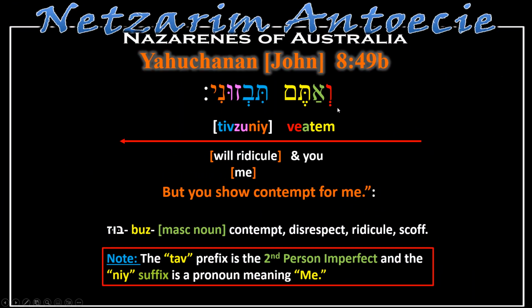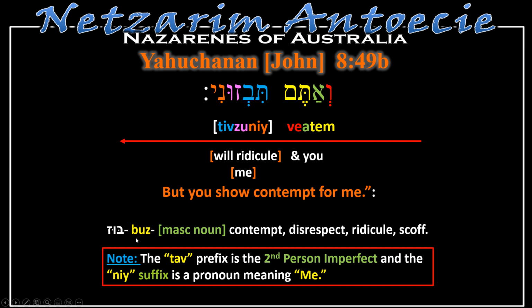In 49b, it is a Vav and an Aleph, Tav, Mem Sofit, Tav, Vayet, Zayin, Vav, Nun, Yod. Ve'atem, and you, of course that's a plural you, tivzuni, will ridicule me.